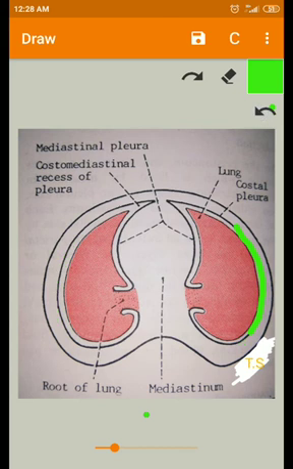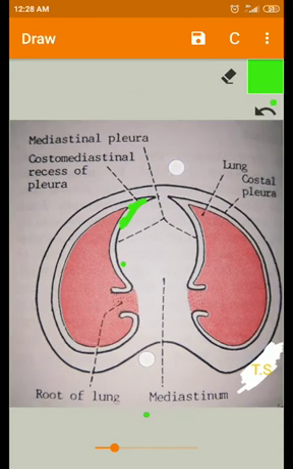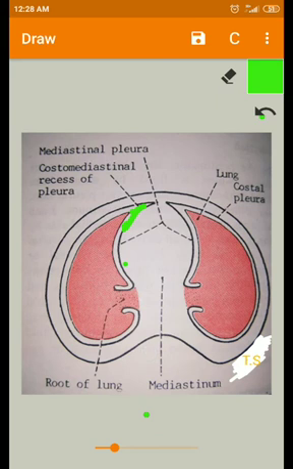Now we can see here the mediastinal pleura. This is the mediastinal pleura which covers the mediastinal space. And coming to the recesses, there are two recesses. One is the costodiaphragmatic recess, which we have seen in the earlier video. Now here comes the mediastinal pleura. I have already told that this is the anterior aspect.